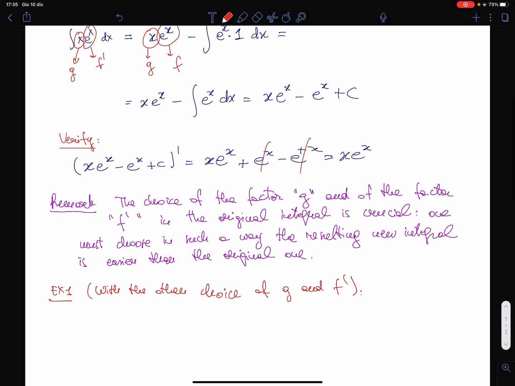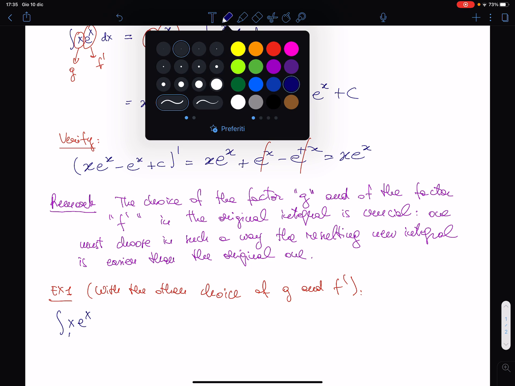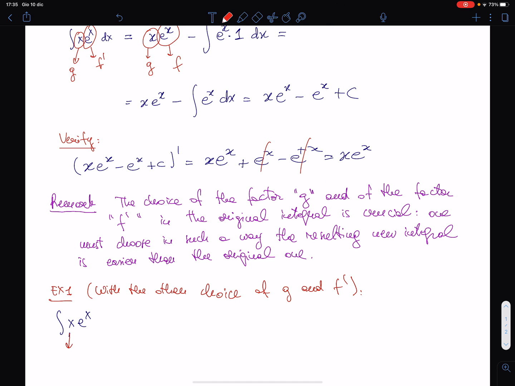Now we compute the integral of x e to the x, where x is f prime and e to the x is g.